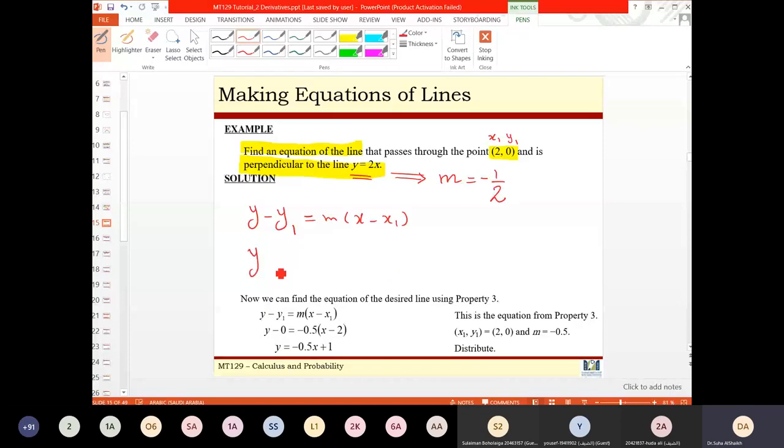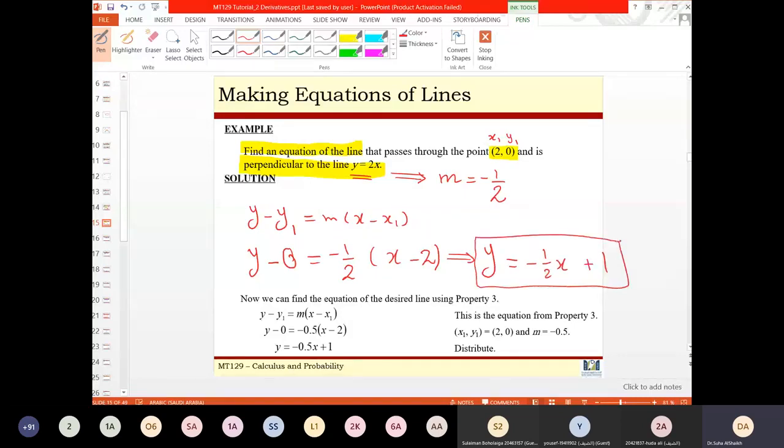So this will be y minus y1, which is 0, equal to m, which is minus 1 over 2, times x minus x1, which is 2. Yeah, we just have to rearrange the things a little bit. So my y equals minus half x plus 1. And this is the equation of my line. Okay? You got it?